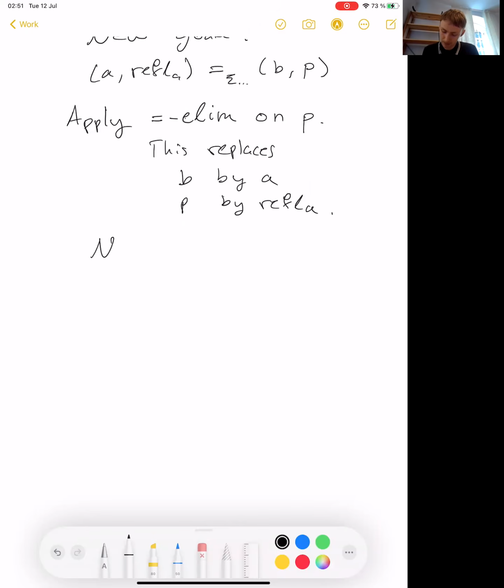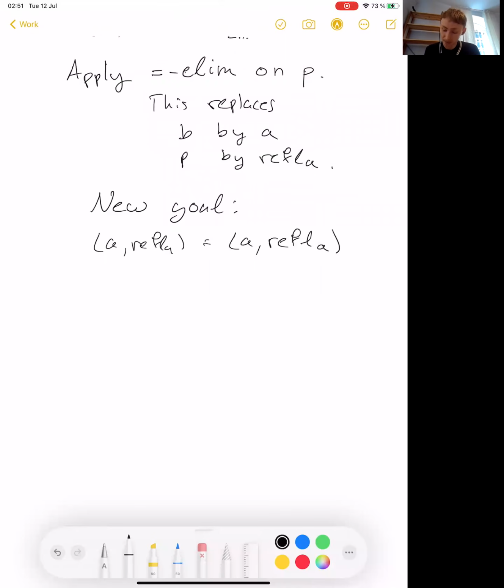So new goal, proving that A comma refl A is equal to A comma refl A. That looks nice because there's always a term of this type, namely refl of A comma refl A. And we're done. See how easy everything becomes with path induction? It's amazing, right?